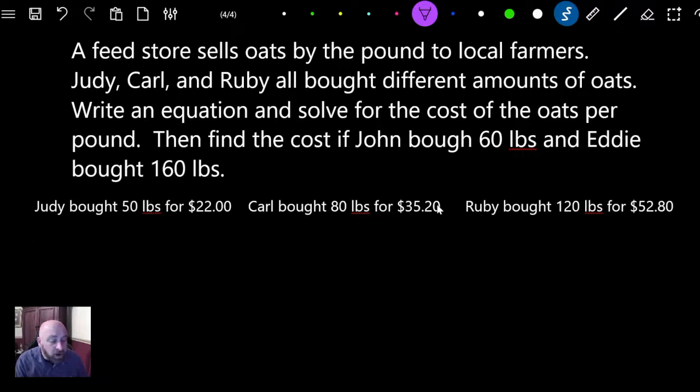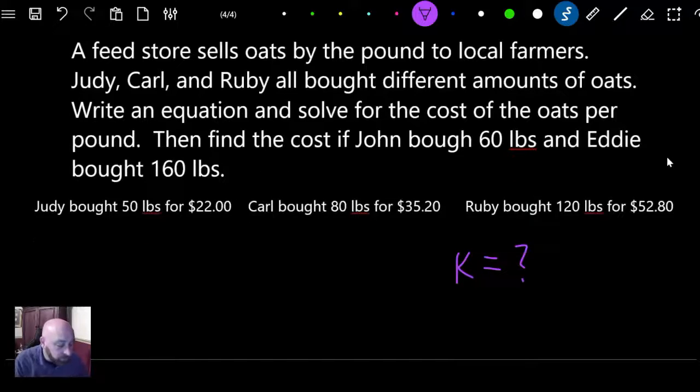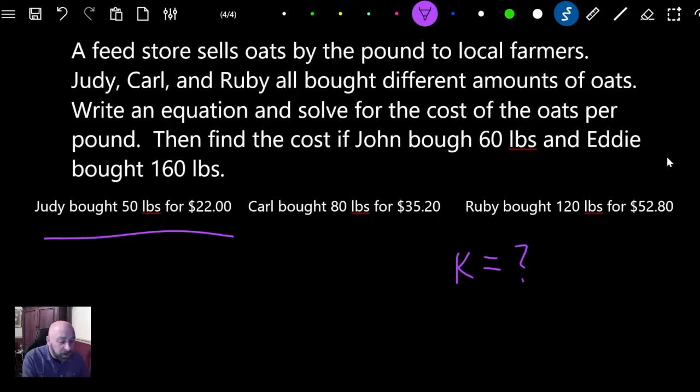Then find the cost if John bought 60 pounds and Eddie bought 160 pounds. So let's identify the k. What is our k? That's step number 1, that's what it told us to do: find the constant of variation.